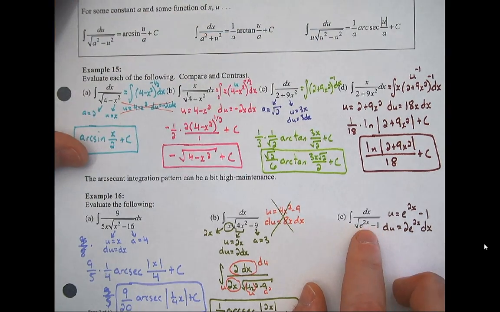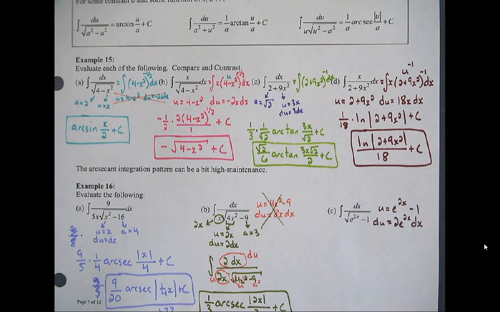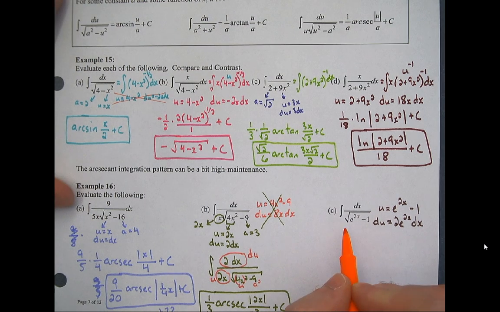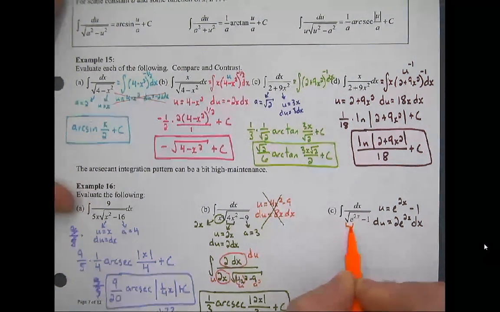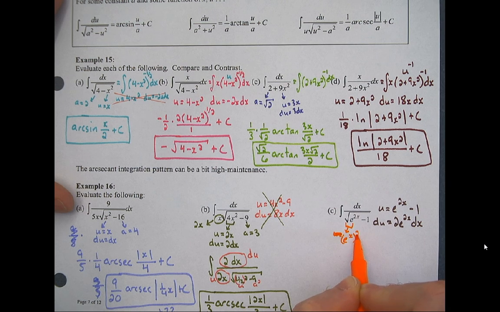So let's try to generate this down here. I'm going to start off by highlighting what I think u is going to be. I need to rewrite this as something squared. Actually, I'm just going to rewrite this as e to the x squared. So now who is u in this case?